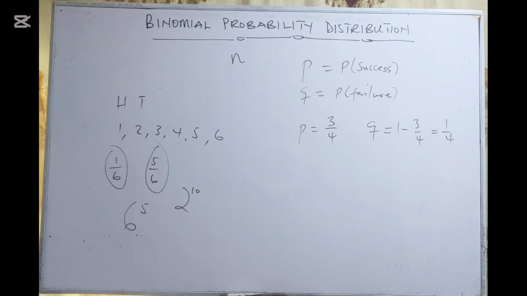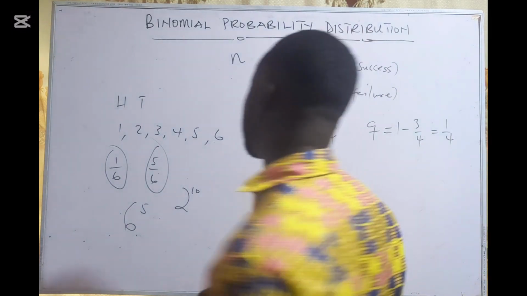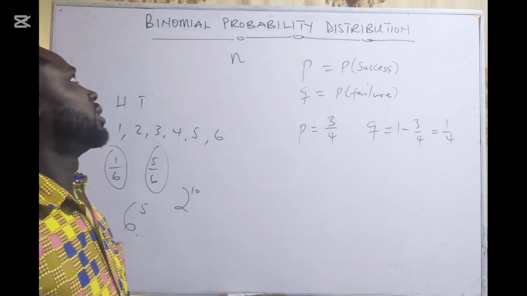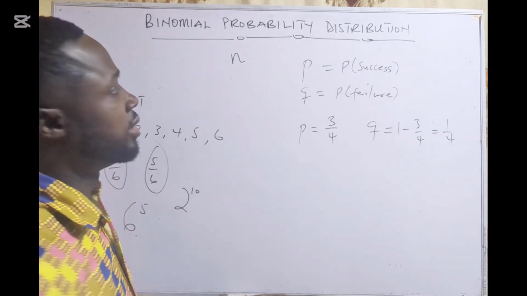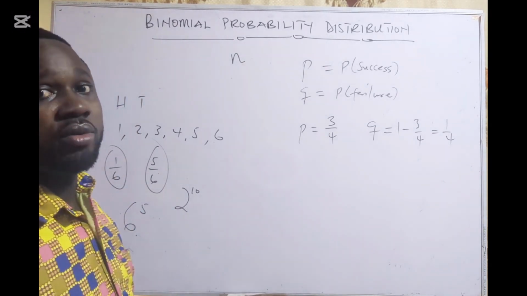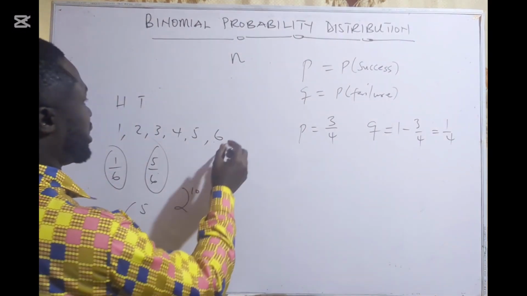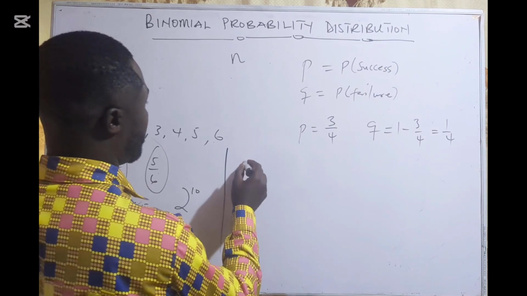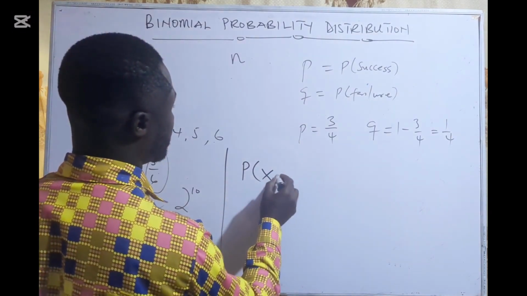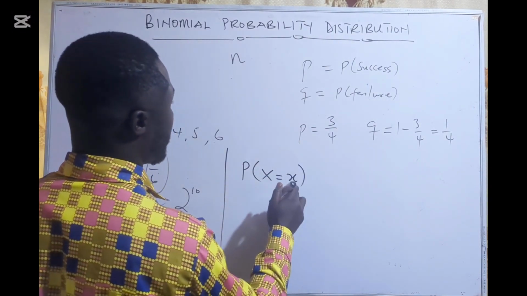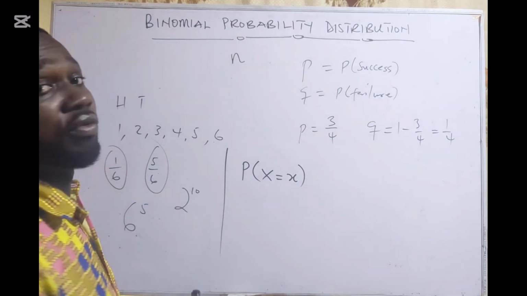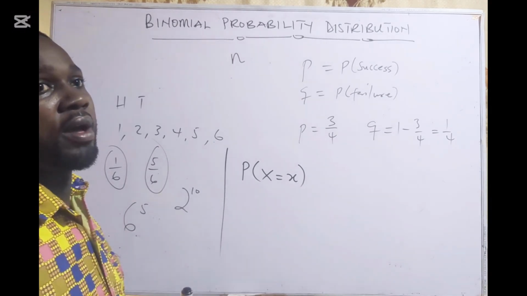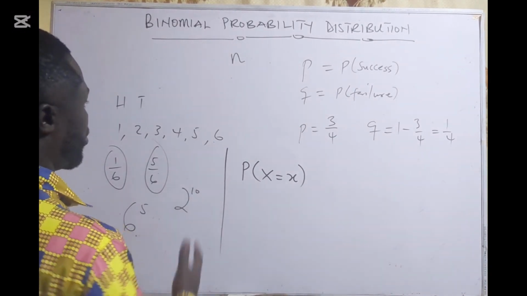And then you also apply combination here. So we say that the binomial probability distribution function, for a variable x, can be written as probability of x equals, and the x here tells us the number of outcomes of whatever you are supposed to solve.